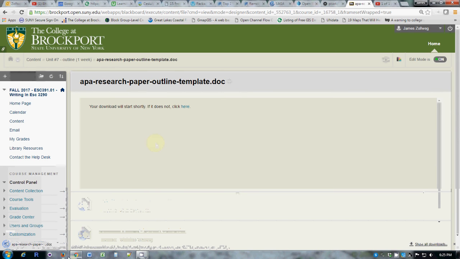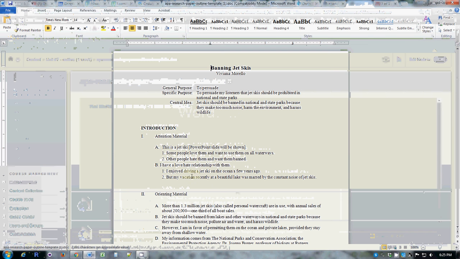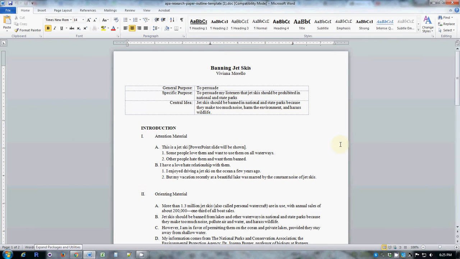And there it is. Of course, right now it's in read-only mode. When you first start your own outline, first you'll look at this particular outline and learn from it, look at the content and see how it's organized.